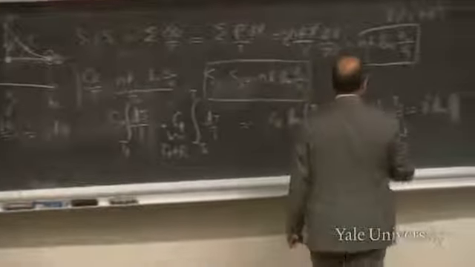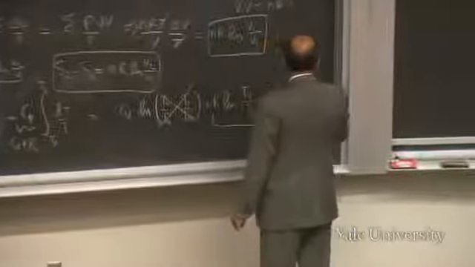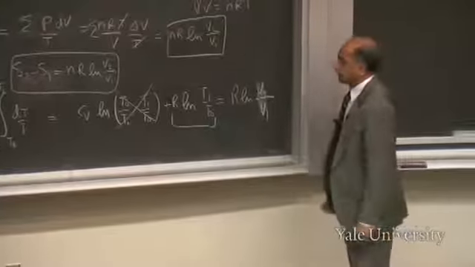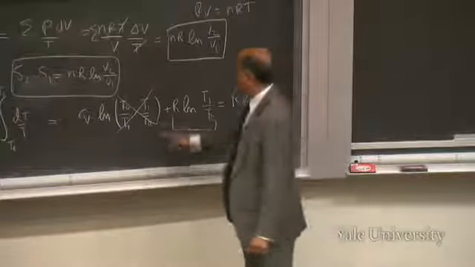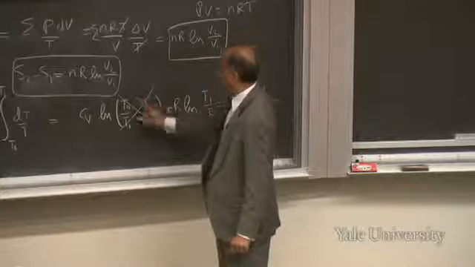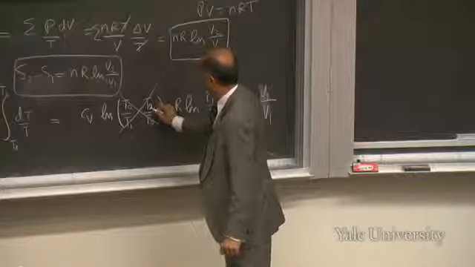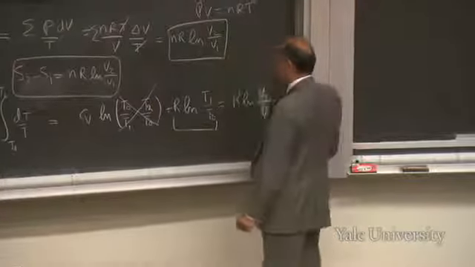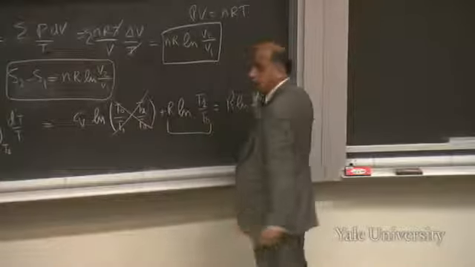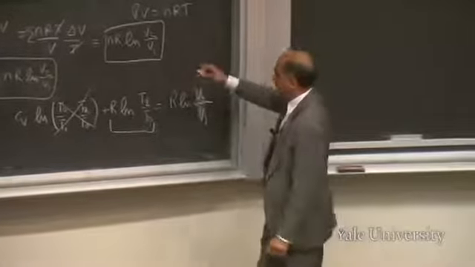So that temperature over this temperature is also that volume divided by the initial volume, which is V1. See, this is a confusing problem because T1 happens to be T0. The correct way to do this for me would be to write T0 over T1 times T2 over T0, then realize the fact that T2 and T1 are equal because I'm on an isotherm. That's what I should have done.